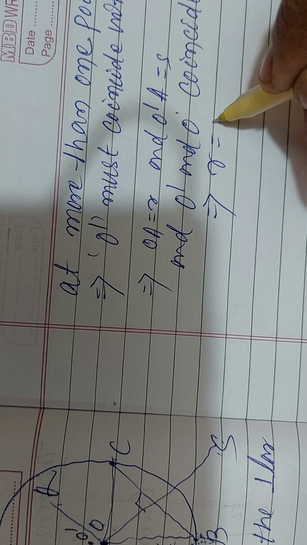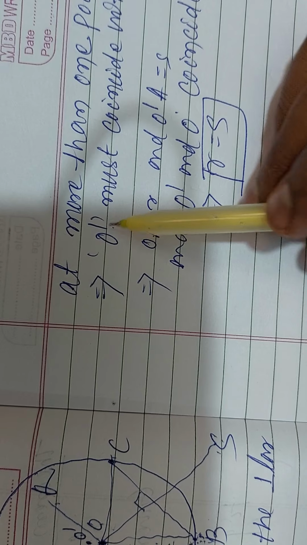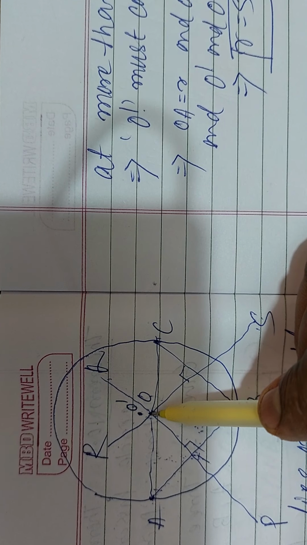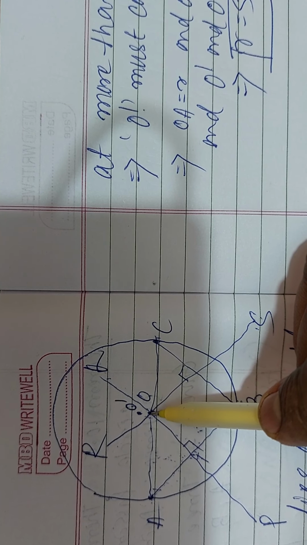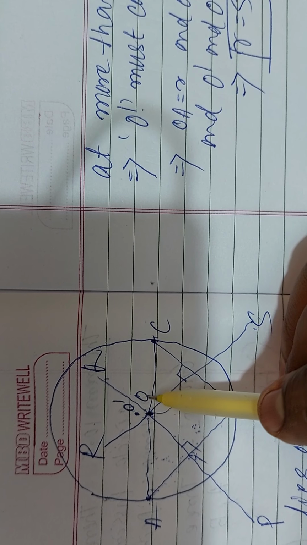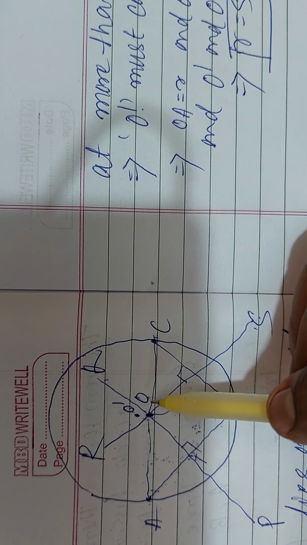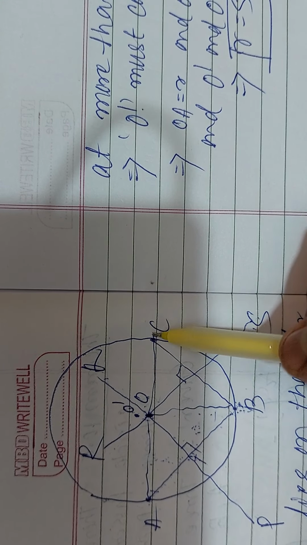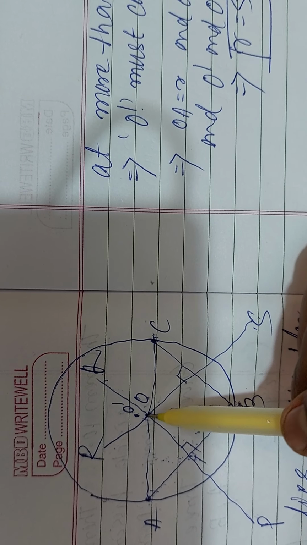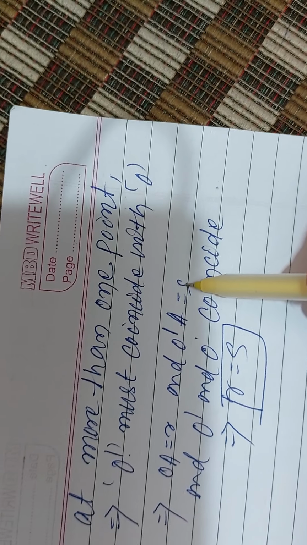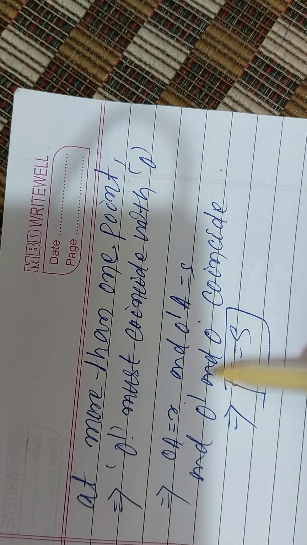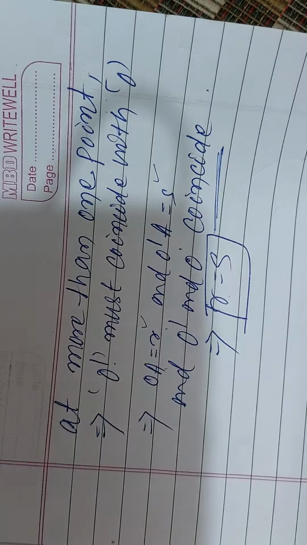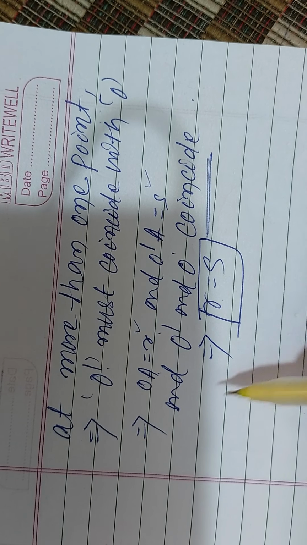So positively R is equal to S. In the previous step we concluded that OA is equal to OB is equal to OC is equal to R. If O dash A is equal to S and OA is equal to R, but O and O dash coincide, that implies R is equal to S, right? They have the same radius. Clear?